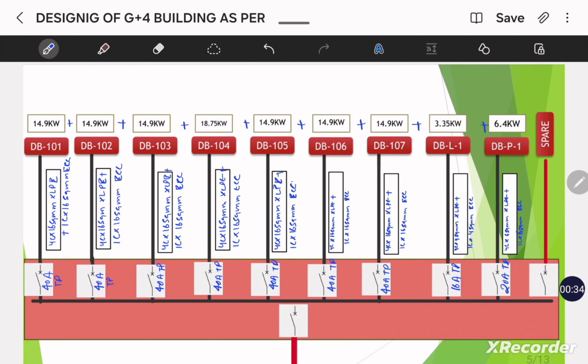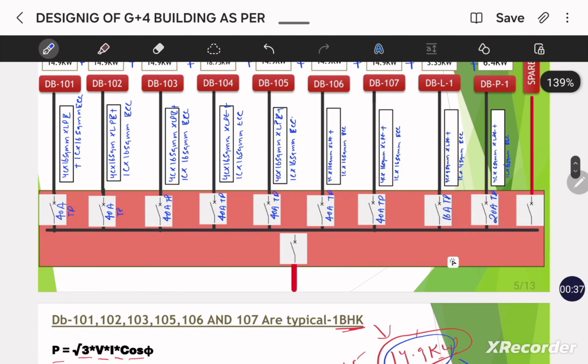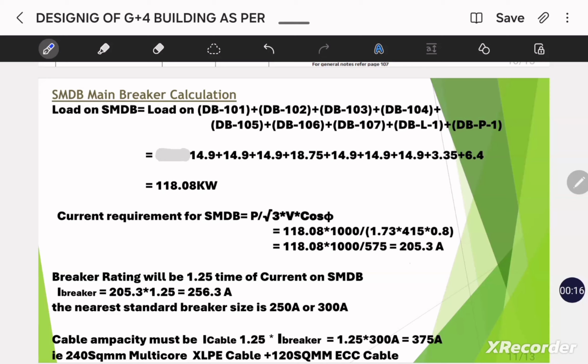So we will add all this load to get the total connected load on SMDB, and we will write here the total connected load on SMDB will be the load on DB101, load on DB102, load on DB103, load on DB104, DB105, 106, 107, and load on DBL1 and load on DBP1.